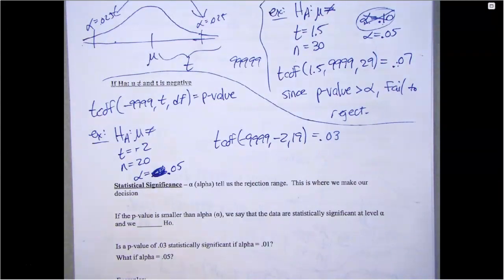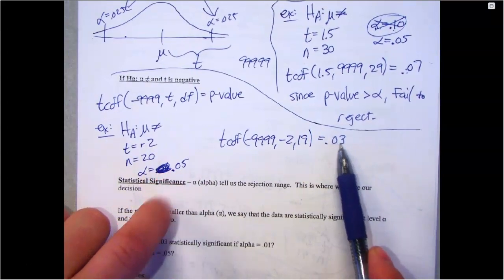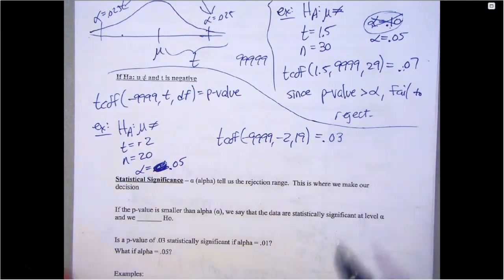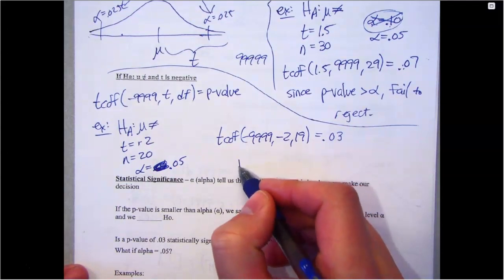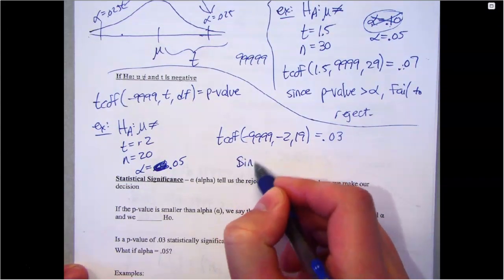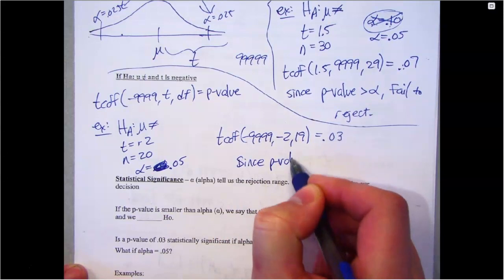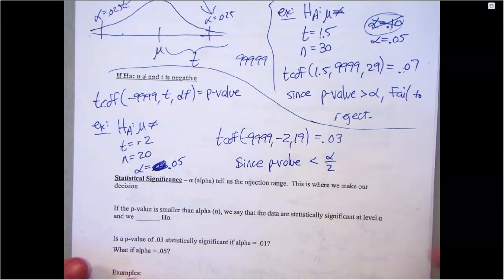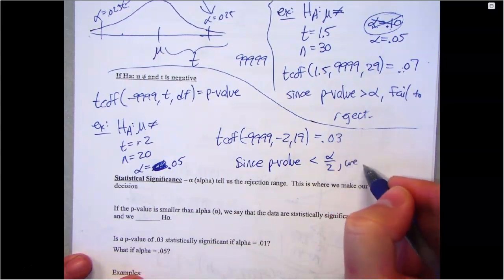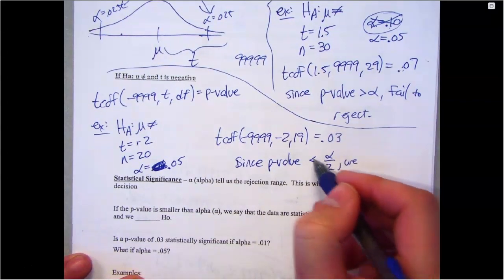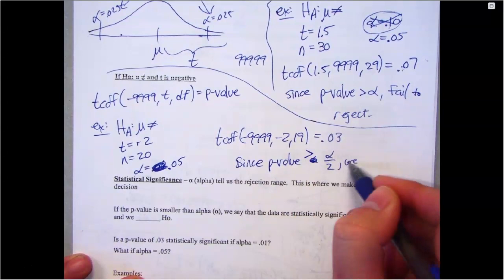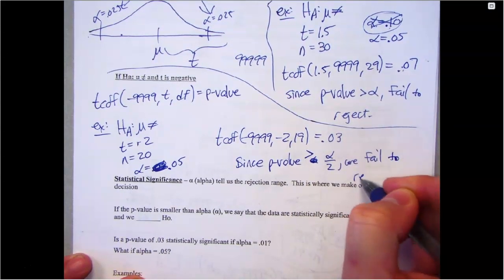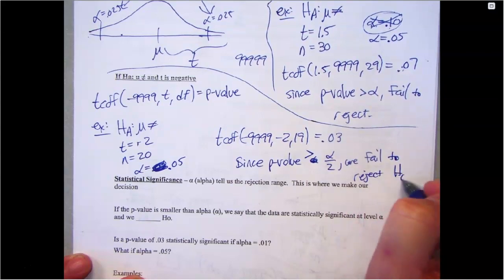I would reject, because if I forget to cut the alpha in half, isn't this smaller than alpha? But if I remember to cut it, I would actually fail to reject. So since p-value is greater than alpha divided by 2, we fail to reject H naught.